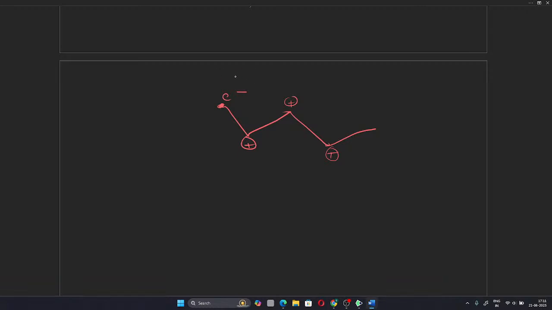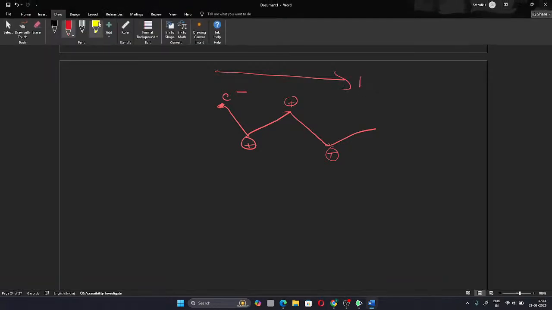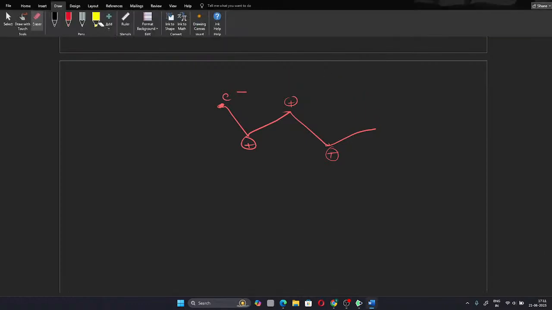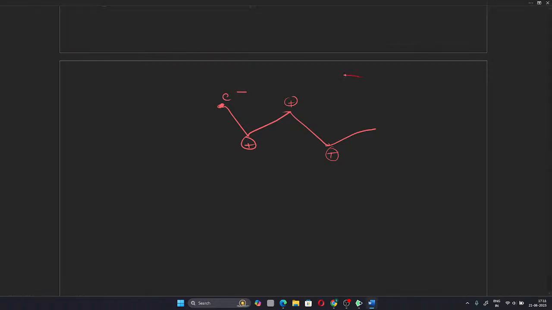If this electron is experiencing an electric field, let's assume it is applied in this direction, this electron will feel an acceleration towards this side. This electron will be accelerated towards this side. So the path should be like this. It will be drifting.